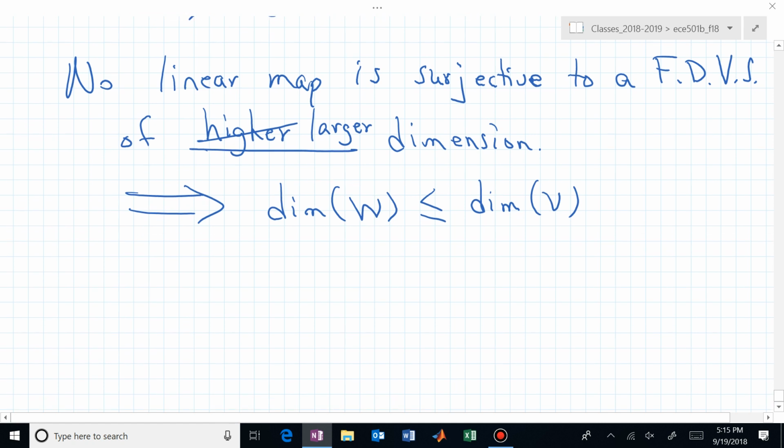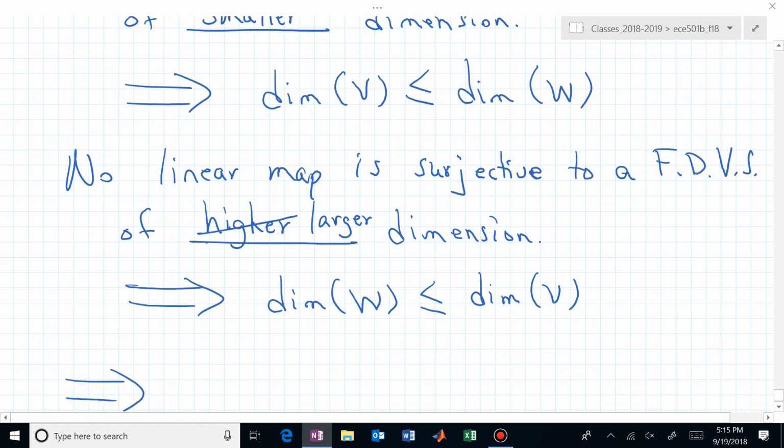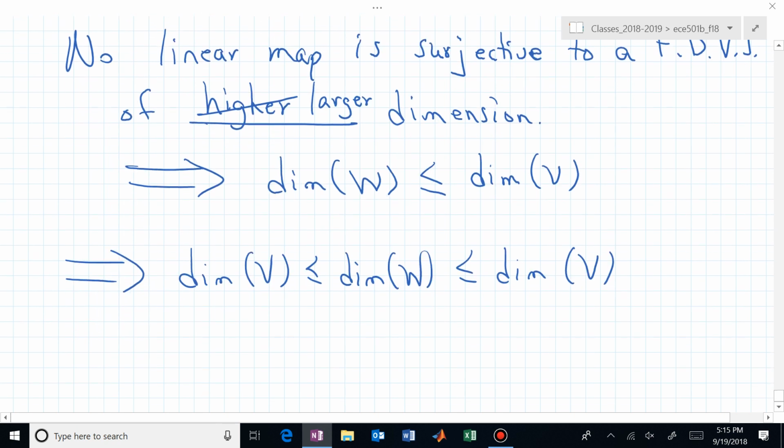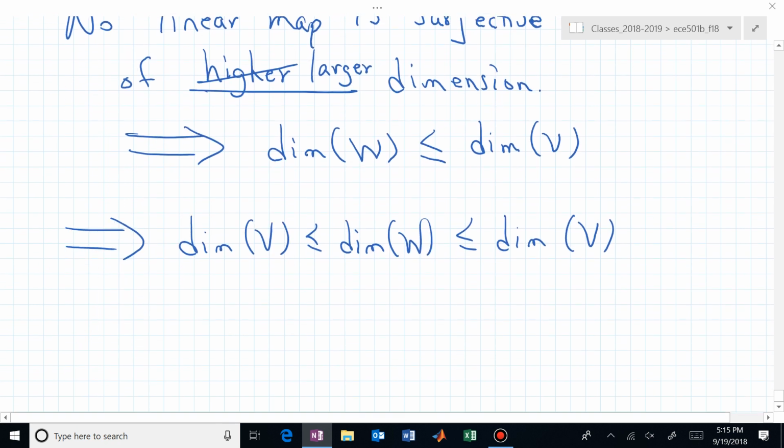So now if we combine those, if we start with the first one, we say dimension of V is less than or equal to the dimension of W, but based on the second one, that's less than or equal to the dimension of V. What does that say? This is where we conclude equality. If W is squeezed between the same thing, it has to equal what's on the left and the right.